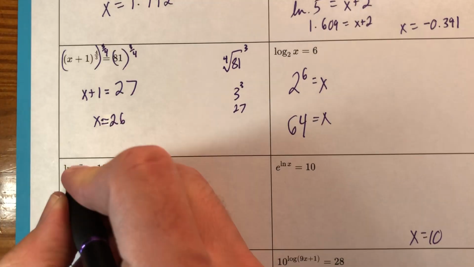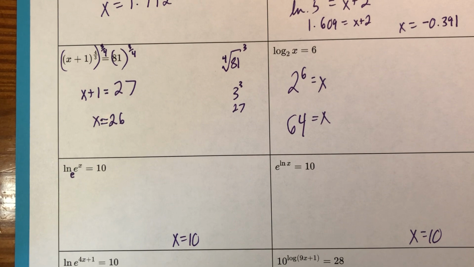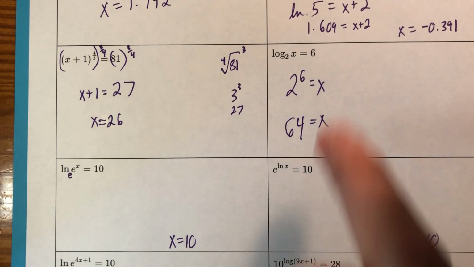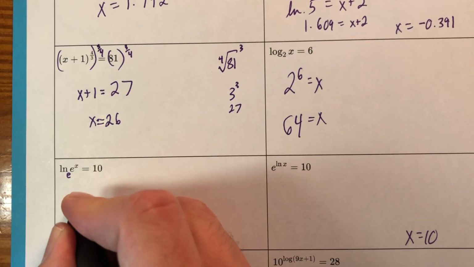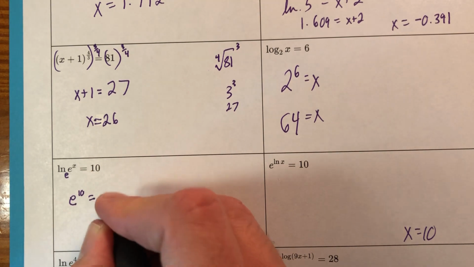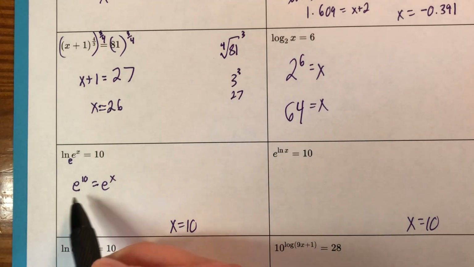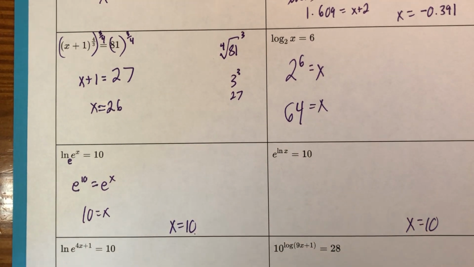If I wrote this with a base of e, and then did the same process I did here, where I wrote it in exponential form, I would say e to the 10 equals whatever this is, which is e to the x. Well, if e to the 10 equals e to the x, then 10 equals x. Okay, I told you, right?